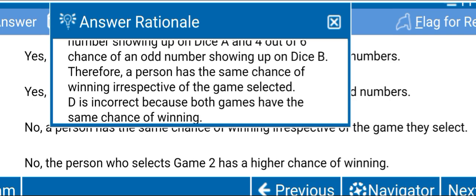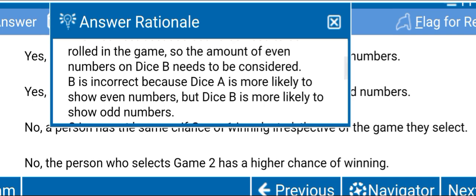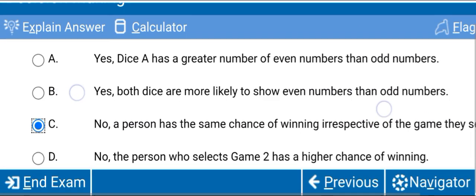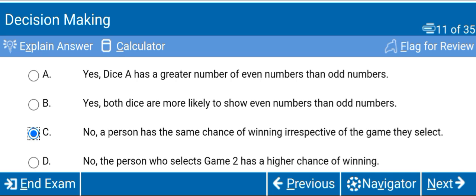D is incorrect because both games have the same chance of winning. So the correct option is option C, which says no, a person has the same chance of winning irrespective of the game they select.